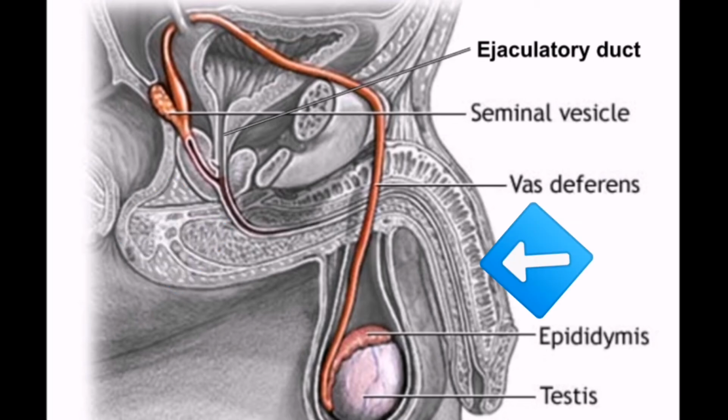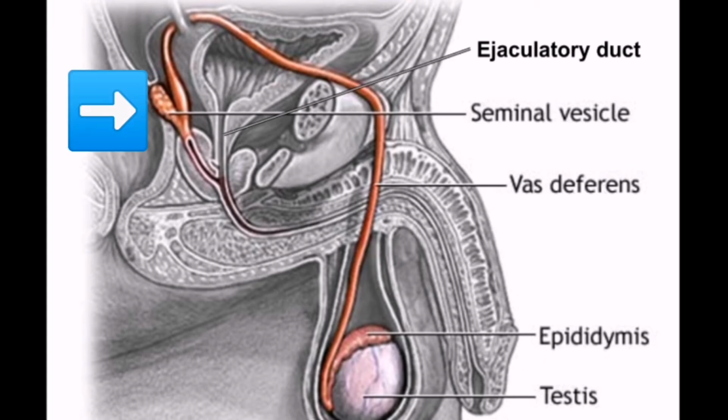Okay, but the thing is, when sperm is made in the testis, it is just sperm. As it moves up the vas deferens and loops around the bladder, it goes past this little organ called the seminal vesicle. The function of the seminal vesicle is that it creates a fluid called seminal fluid.